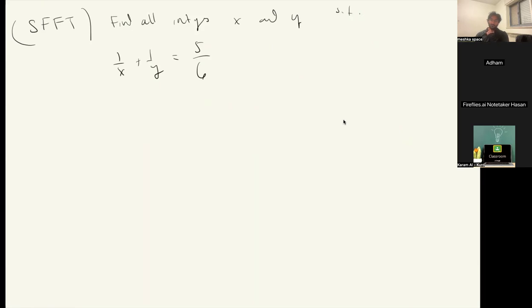Do we multiply by xy? The first step is not doing anything very clever. You just multiply everything together. So what do we get? 6x plus 6y equals 5xy, right?